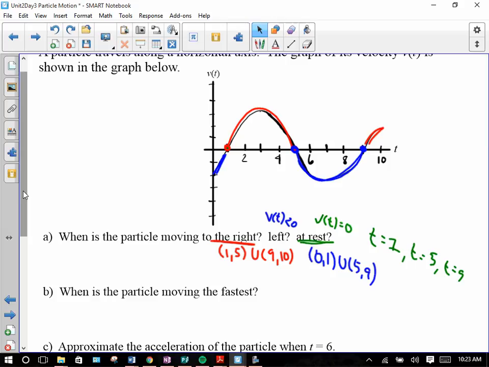This graph right here is the graph of what? The velocity, right? Where is the velocity the greatest? X equals 3. The greatest value of velocity is right here. It's the highest velocity. So the fastest is at t equals 3. Makes sense?